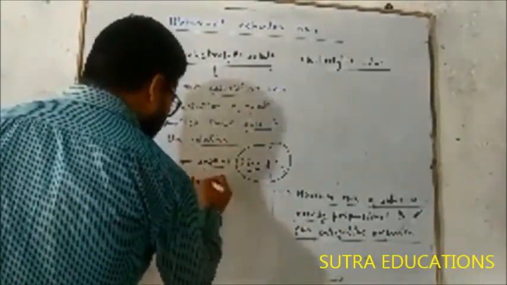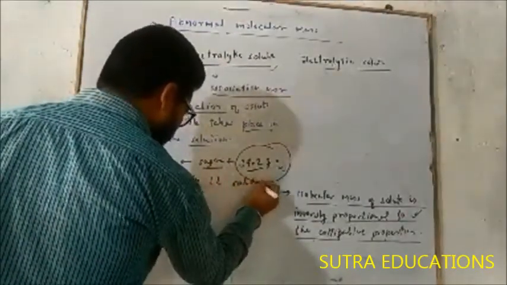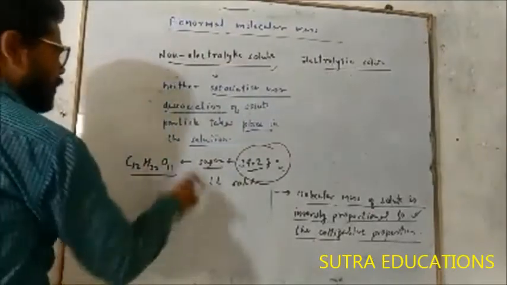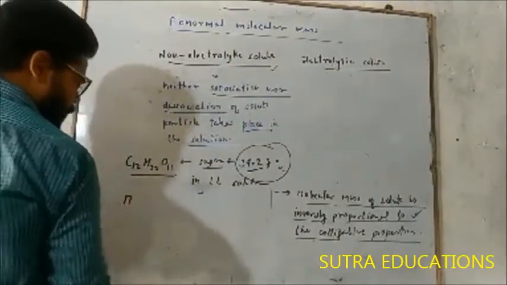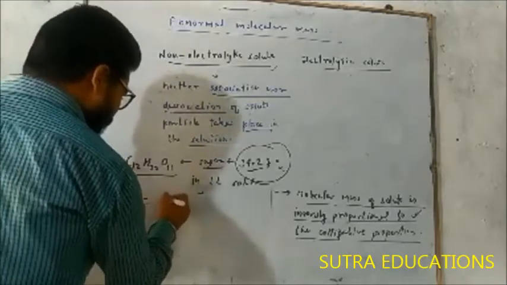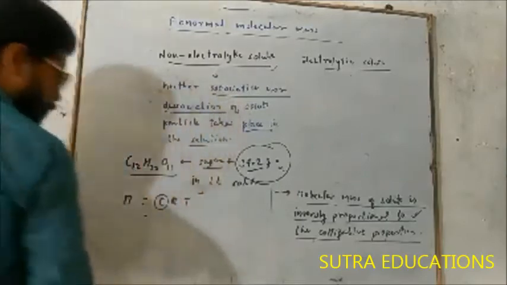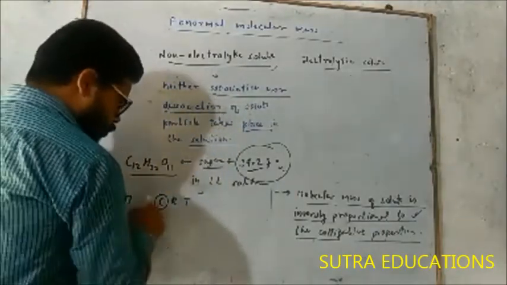Then in this case, in 1 liter solution, if we want to find the osmotic pressure pi, then it will be equal to CRT. CRT means number of moles upon volume of solution in liter.